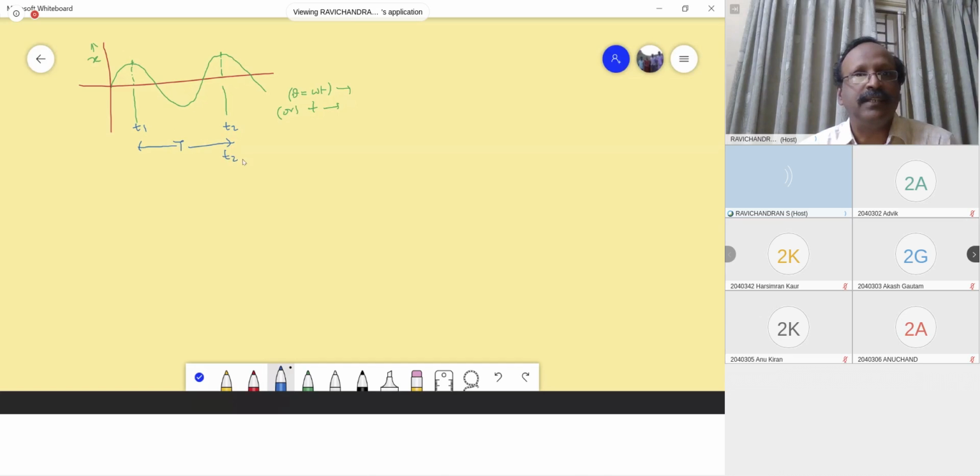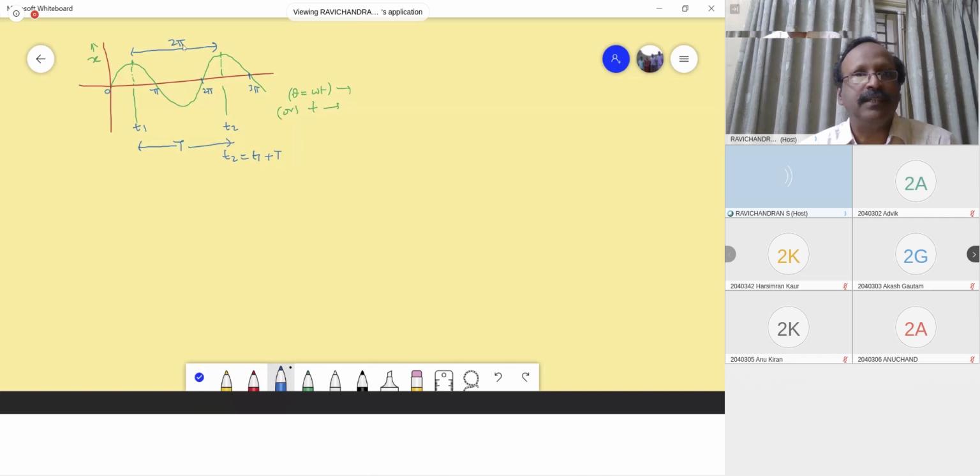Therefore, t2 is equal to t1 plus t. What is the phase? Here is 0, here becomes pi, here becomes 2 pi, here becomes 3 pi, like this. If you take here pi by 2 and here pi by 2 plus pi by 2, this becomes 2 pi. So the angle becomes 2 pi here.